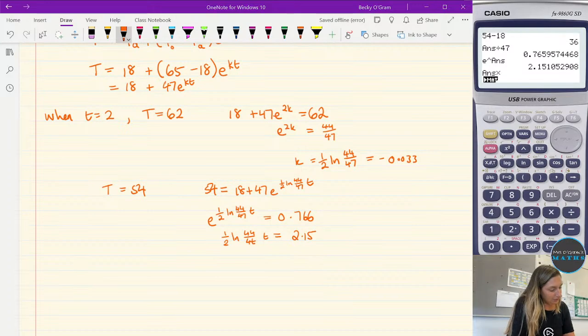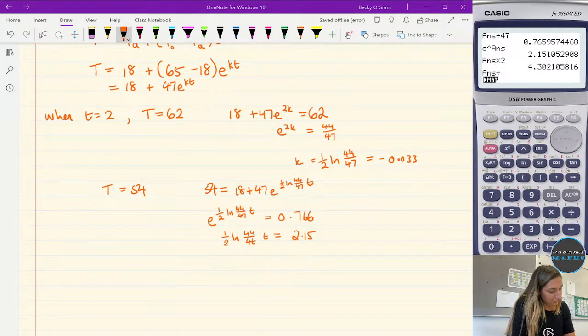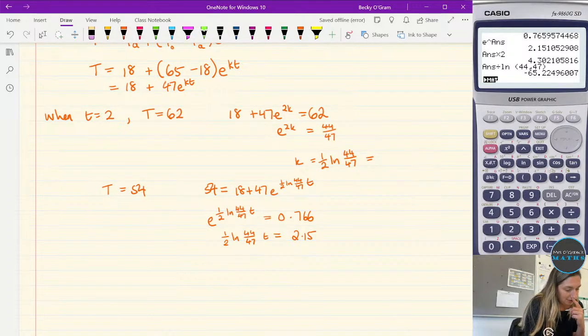Okay, now times that by 2 to get rid of the half, and divide it by natural log of 44 over 47. That should be a 47 just there. And it has gone really, really wrong. Okay, I'm just going to go back to this stage here. I think I must just be typing something wrong into the calculator right now.